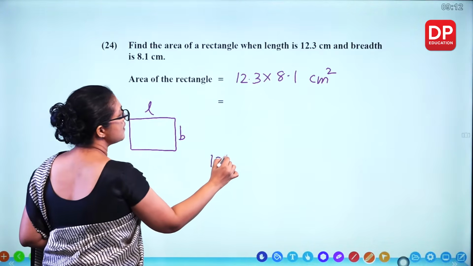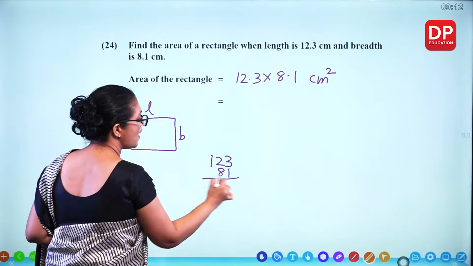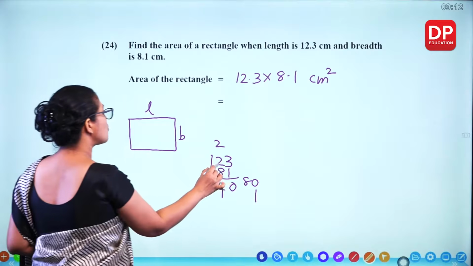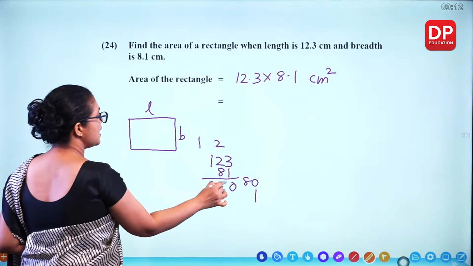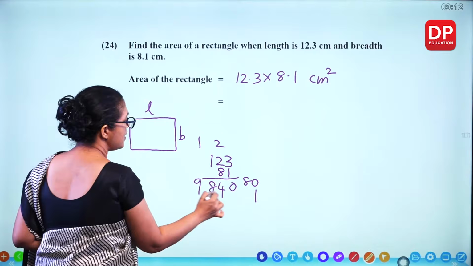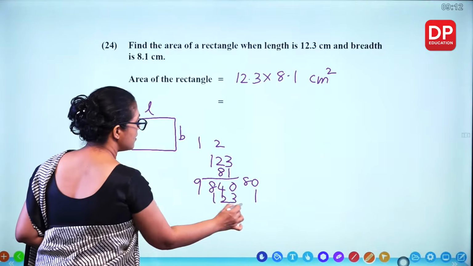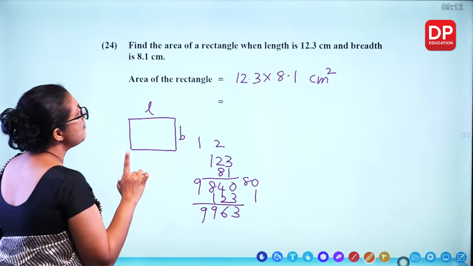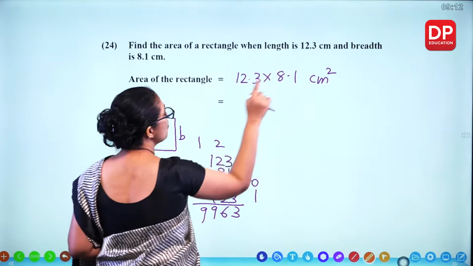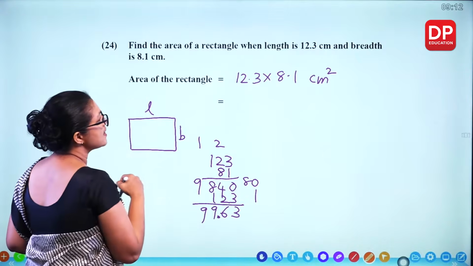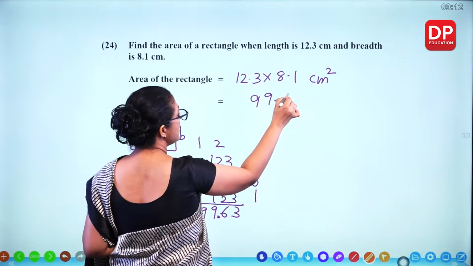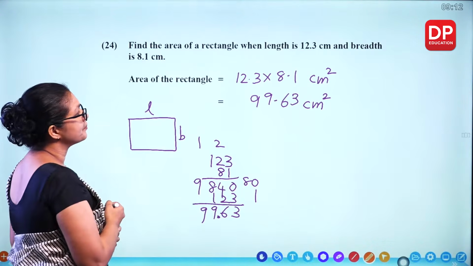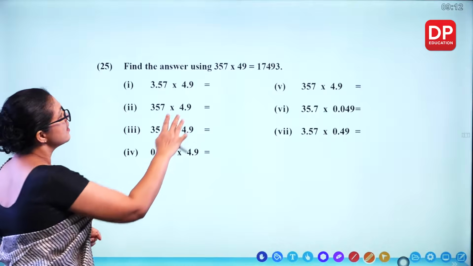So 12.3 means 123 multiplied by 81. 80 and 1. 8 times 3, 24. 8 times 2, 16 plus 2, 18. 8 times 1, 8 plus 1, 9. And multiplied by 1, you get this value. And how many places do we have to keep? 1, 2. 2 places. So what's the answer? 99.63 square centimeters.